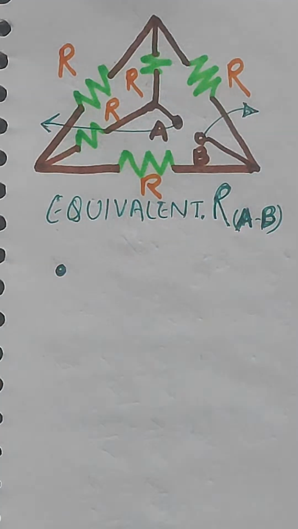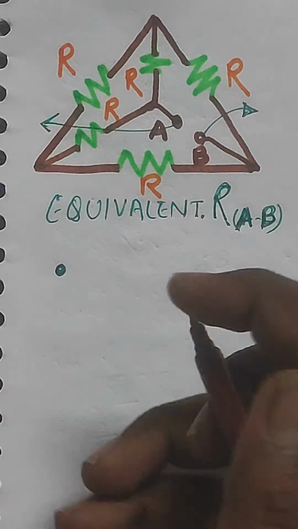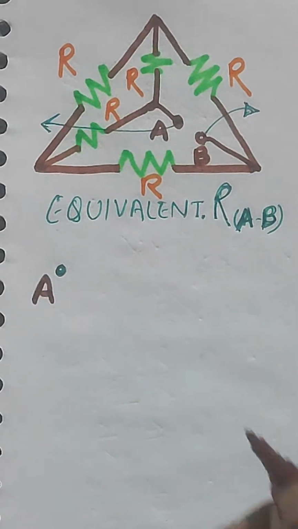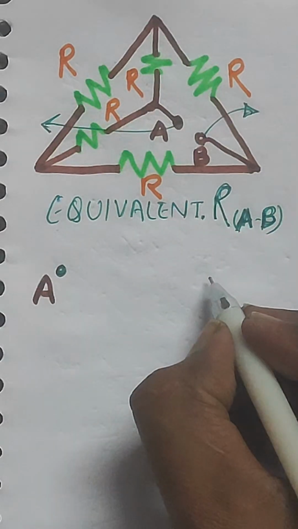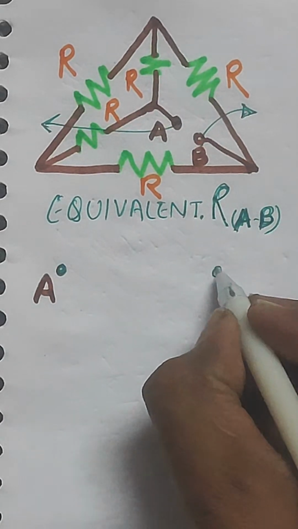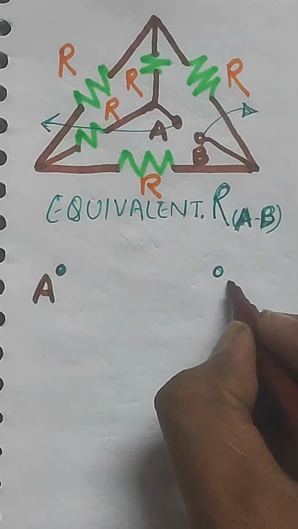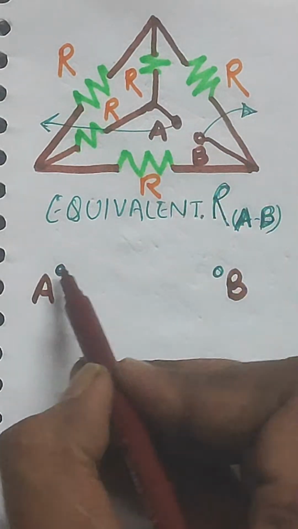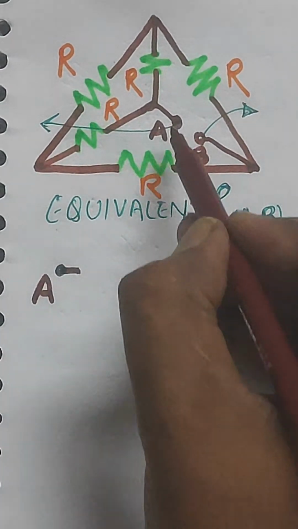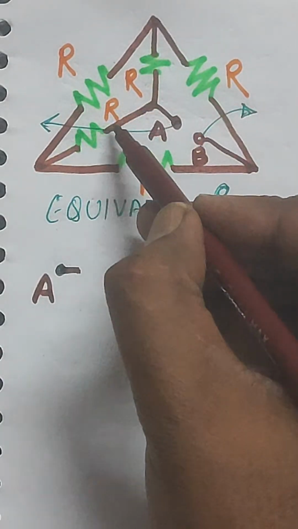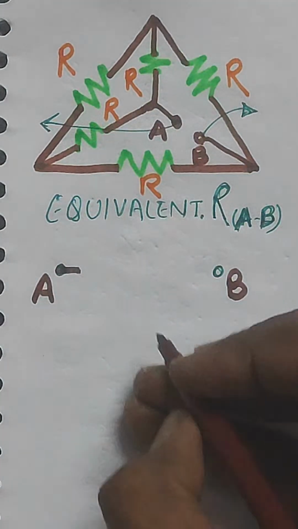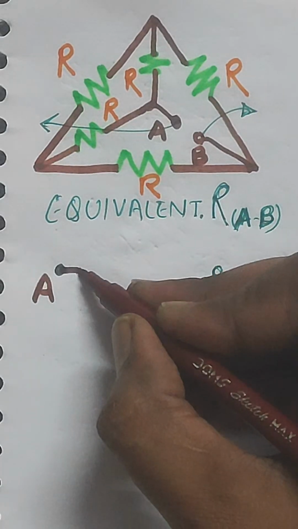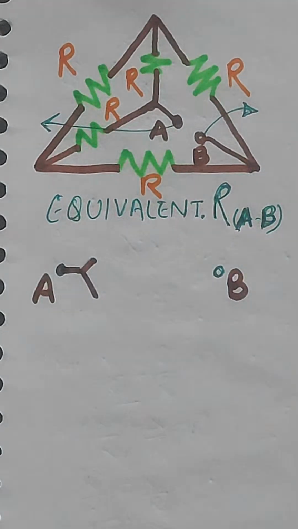Here we will be having A, right? And here we will be having B, right? And you can see from the branch of A, two R's are connected, these two R's. So this can be formed like this, right?